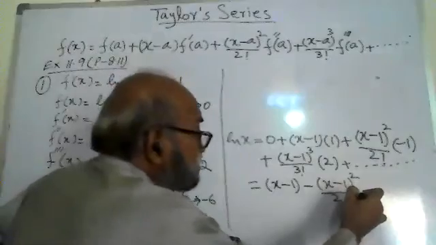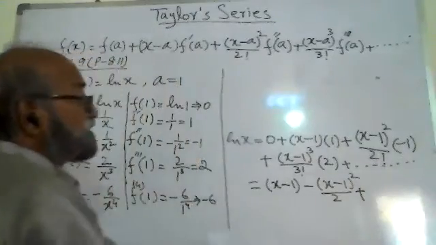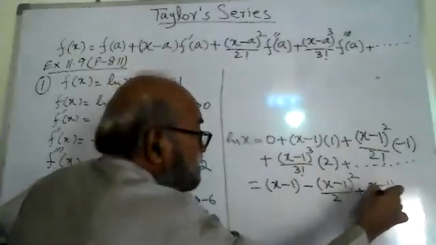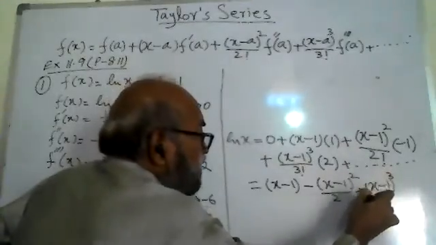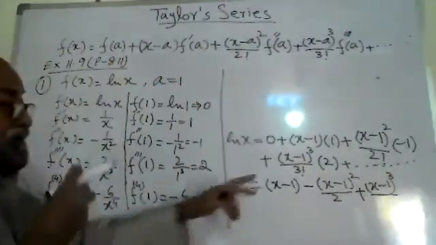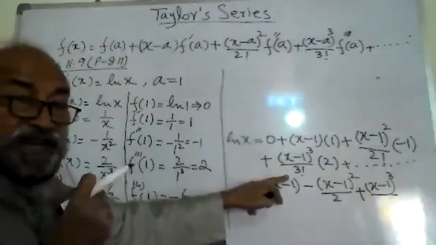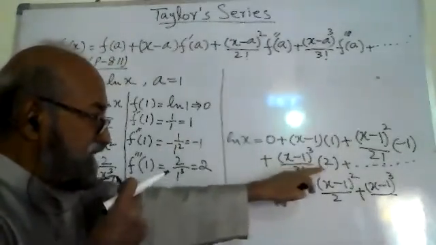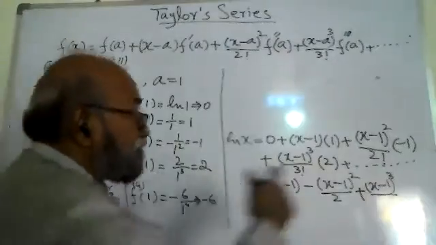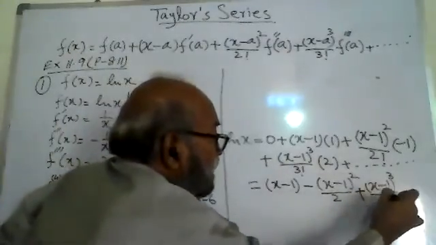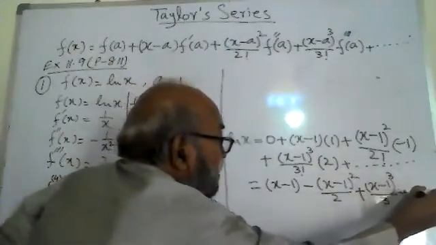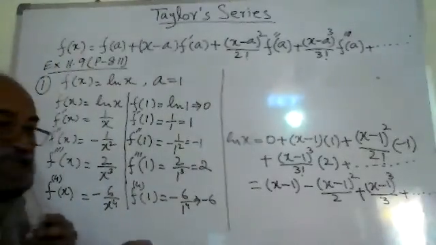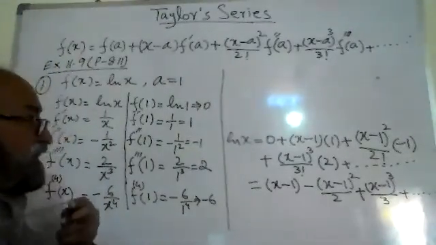Plus x minus 1 whole cube upon 3 factorial, which means 3 into 2. 2 is cancelled by 2, only 3 is left, and so on. So this is the expansion of ln x.